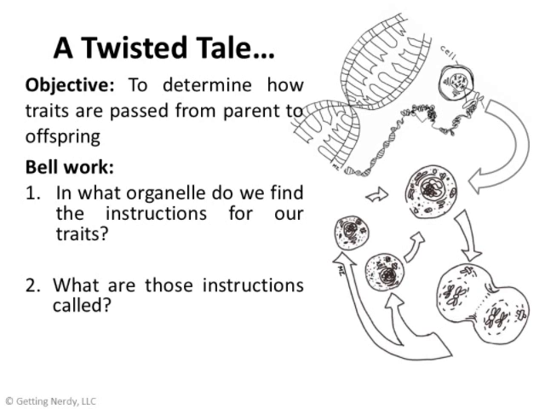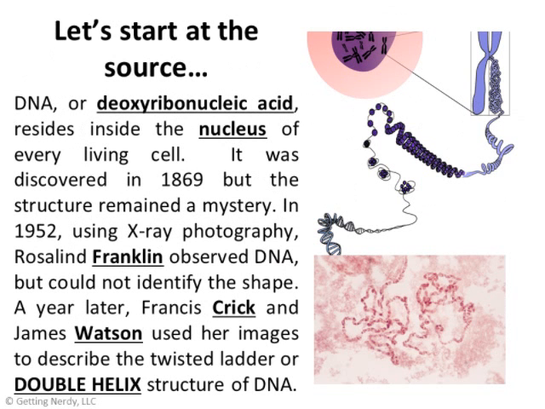But she couldn't really identify the shape of it until a year later when Francis Crick and James Watson used her images, which they got from Maurice Wilkins, to figure out that it was in the shape of a twisted ladder, okay?